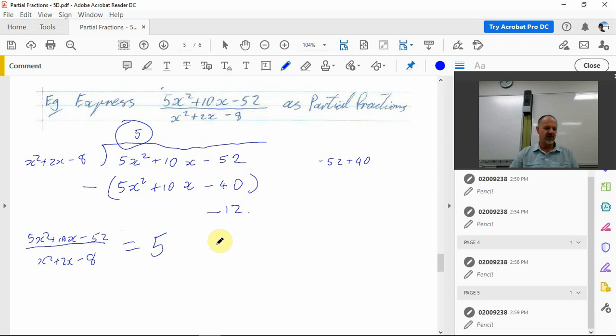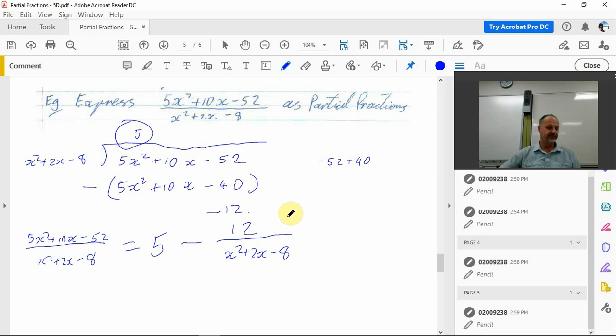Now the remainder here is minus 12, so it's minus 12. The remainder is out of x squared plus 2x minus, I did make a mistake, no, in the end, because it was minus 8.